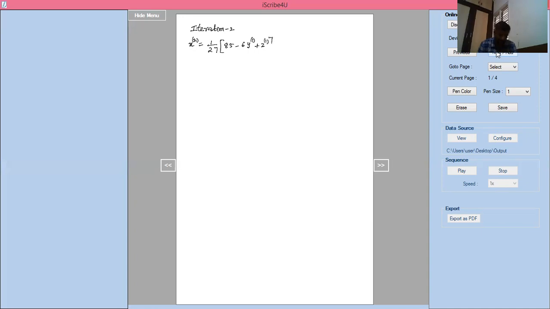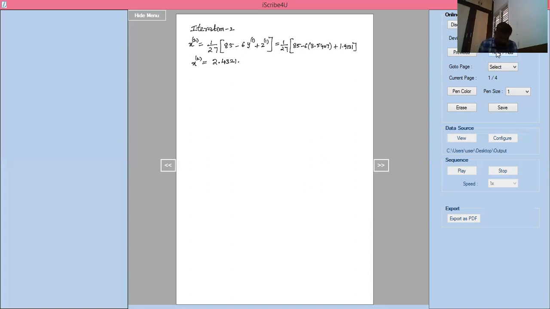If you substitute, you get 1 by 27 into 85 minus 6 into y of 1, which is 3.5407, plus z of 1, which is 1.9131. Now x of 2 equals 2.4321.